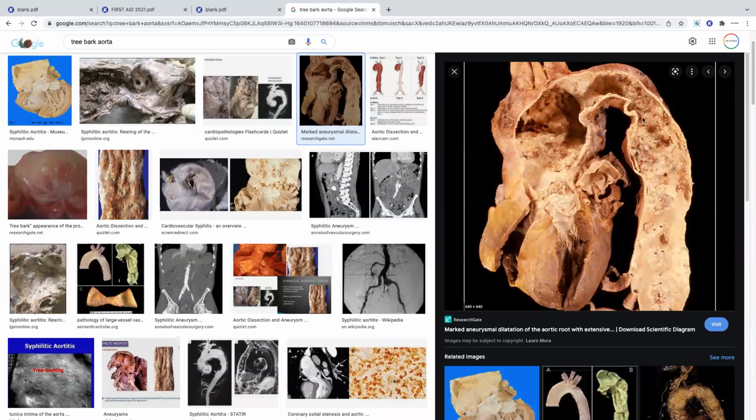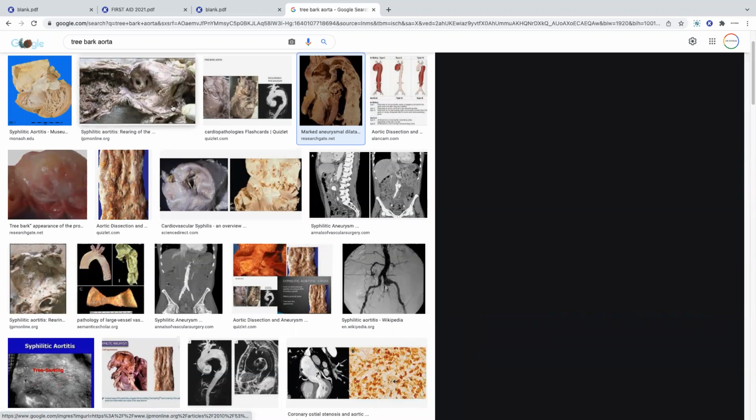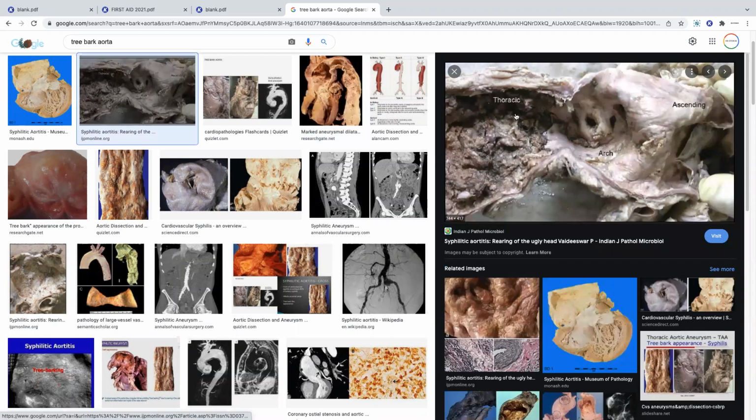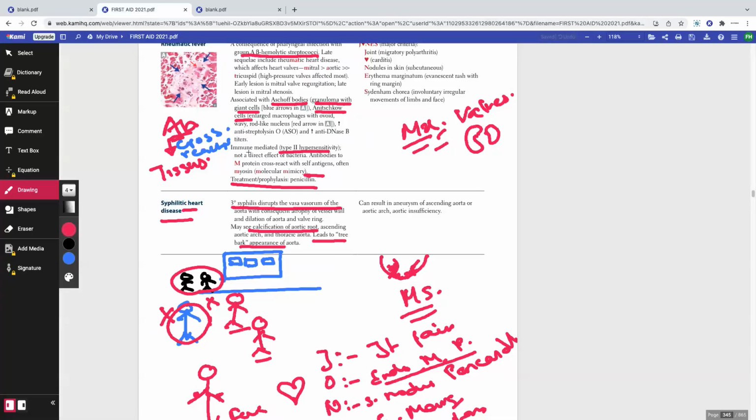What is this dilatation called in this blood vessel over here? Isn't this an aneurysm? Yes or no? Doesn't this look like an aneurysm? Yes. Okay, so that's that. Are we clear? Yes or no?